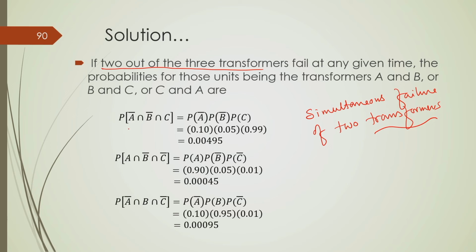So, we have two transformers failing at a time, that is A and B, C is healthy. Here we have two transformers B and C having this failure, where A is healthy, and this is the case where A and C will encounter faults simultaneously when B is healthy. Individual probability you can find out.